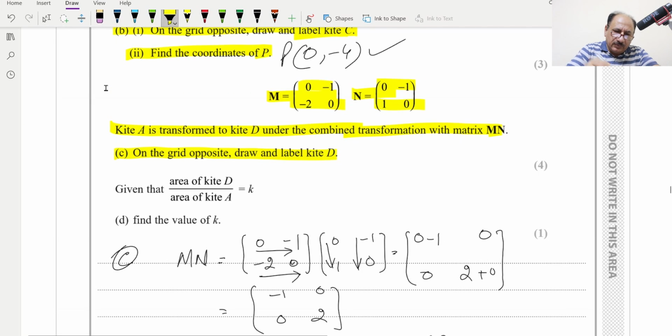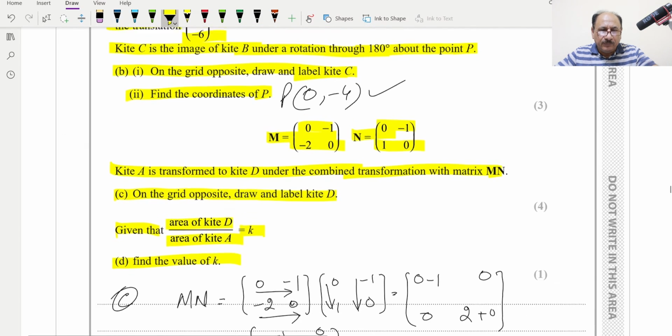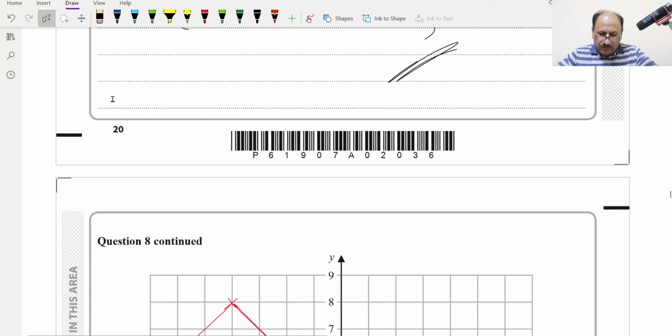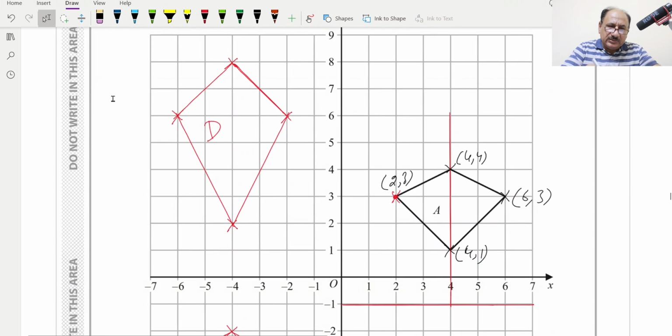Given that area of kite D over area of kite A is equal to K, find the value of K. So this is basically D part. We can find area of kite D. How we can find area of kite D? This is kite D. So we can split it into two triangular shapes. If I draw a dotted line, we can consider the lower triangle first.